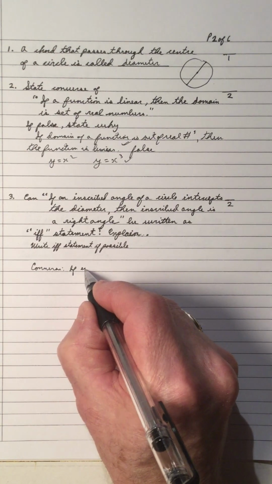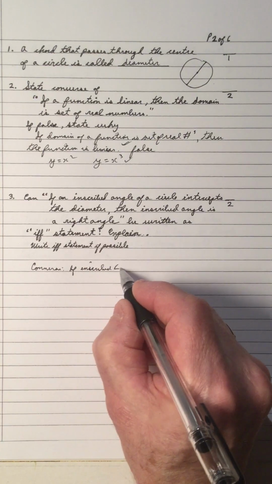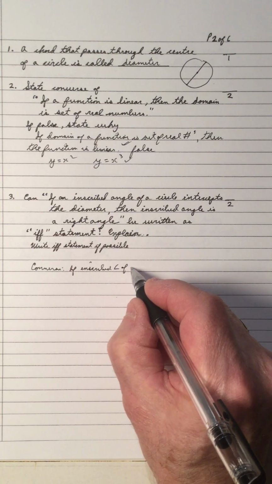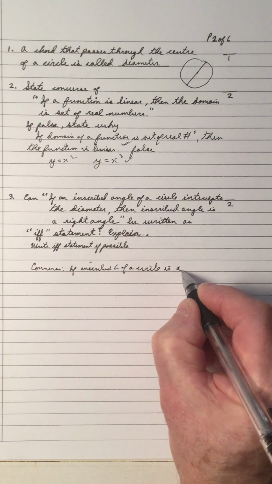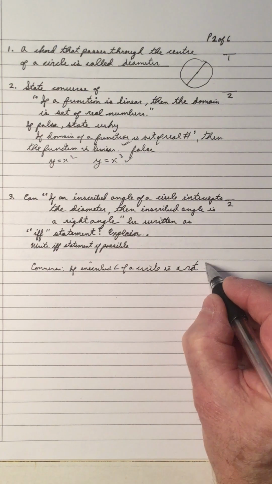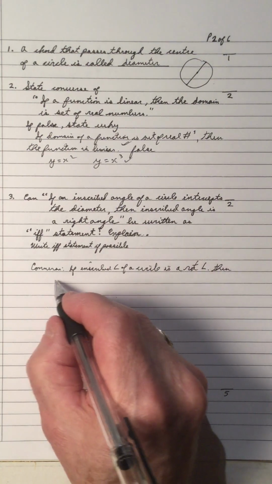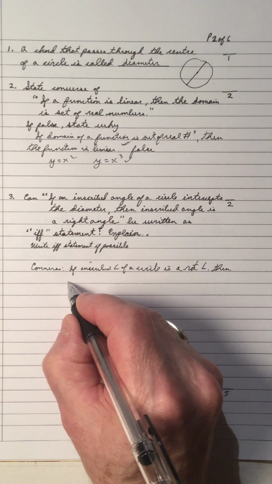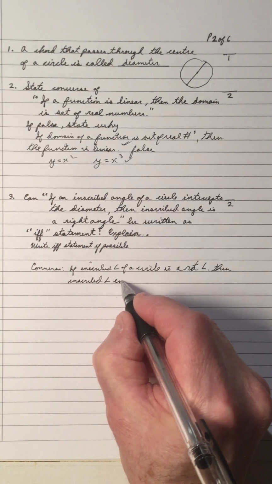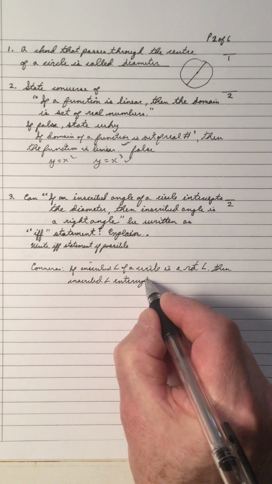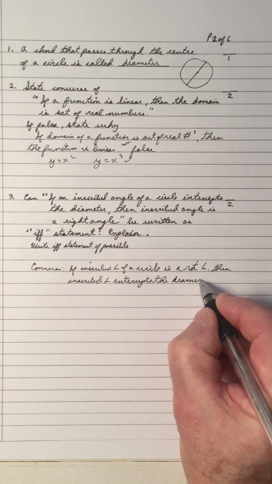The converse is, if an inscribed angle of a circle is a right angle, then the inscribed angle intercepts the diameter.